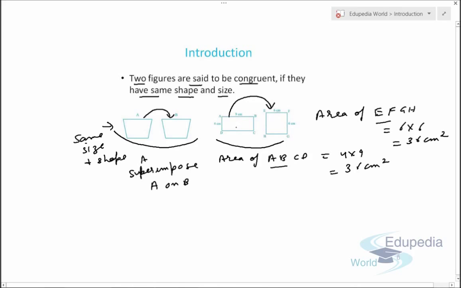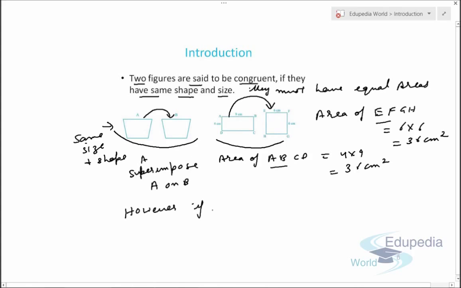So in the end we can say that if two figures are congruent, that is, if they have the same shape and size, then they must have equal areas.